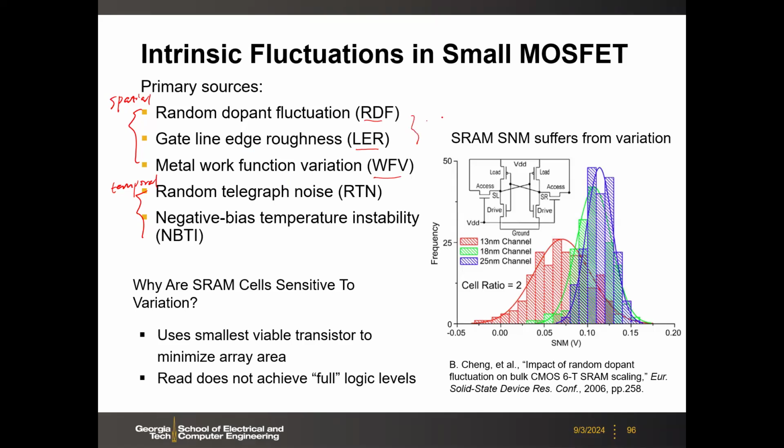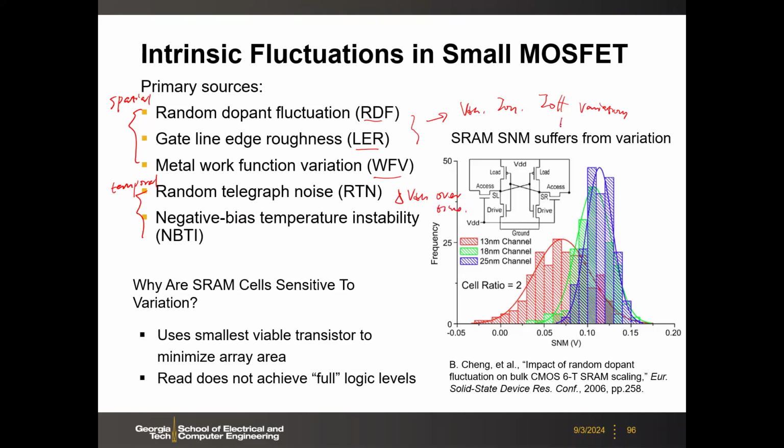So this will result in VTH, I-on, I-off variations. And here we also have temporal variations, like random telegraph noise, RTN, and BTI, especially for the PMOS and NBTI. Those will make the VTH change over time, delta VTH over time.